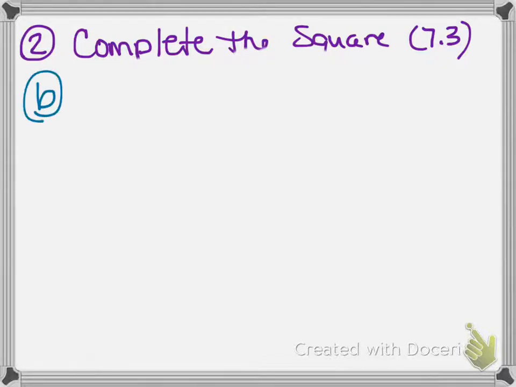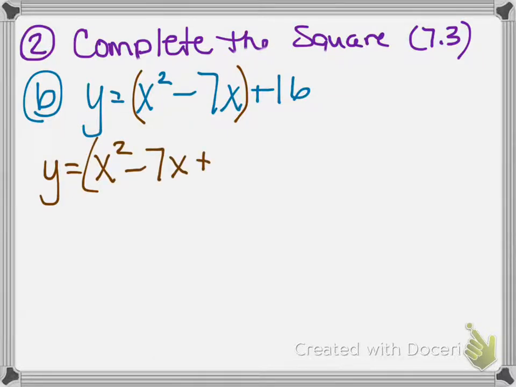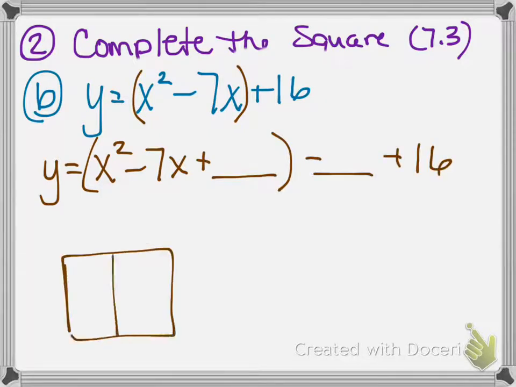B. y equals x squared minus 7x plus 16. Okay, so again, isolating my first two, x squared and negative 7x, and rewriting x squared minus 7x plus something minus something plus 16, drawing my square.